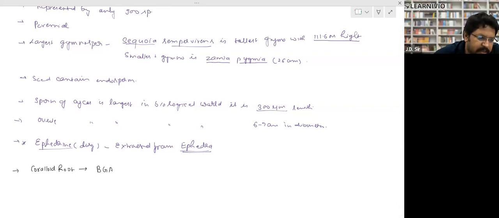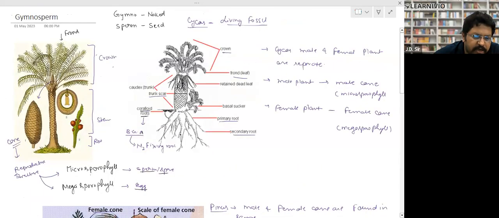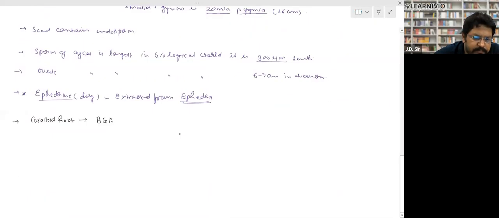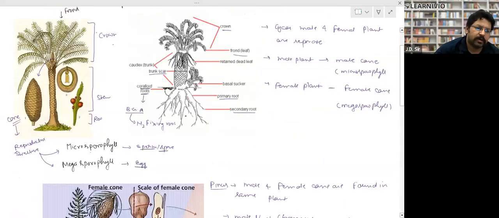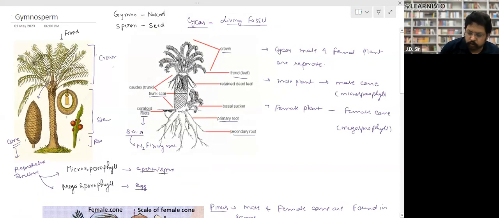Ephedrine drug is extracted from ephedra. That is a gymnosperm. Tell me, guys, is it clear or not? If you have any doubt, please ask. Can you repeat the point?